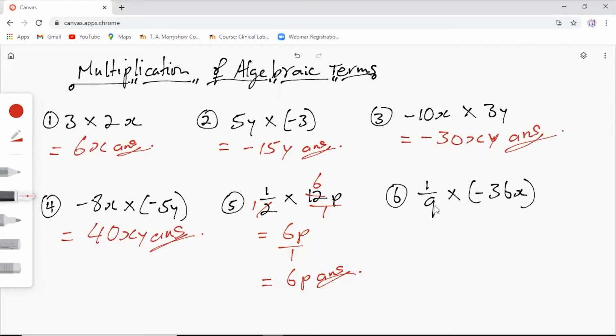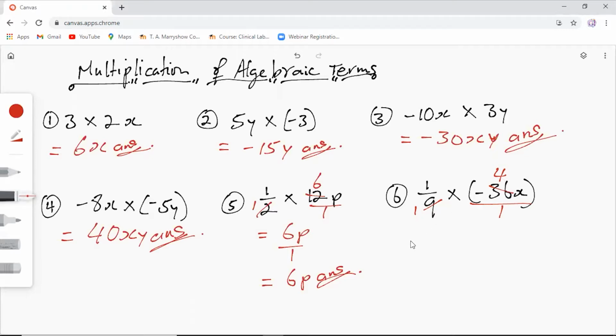Quite simple. We have here 1 over 9, or 1/9 times negative 36x. This negative 36x, we can put it over 1, negative 36x over 1. Then we cancel 9 into 9, 1. 9 into 36 is 4. So 9 into negative 36x is negative 4x.